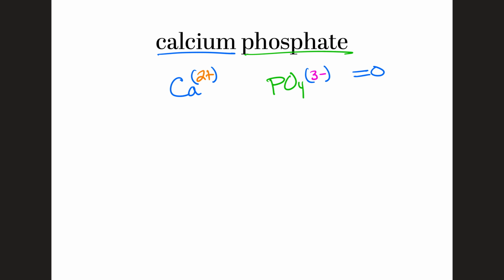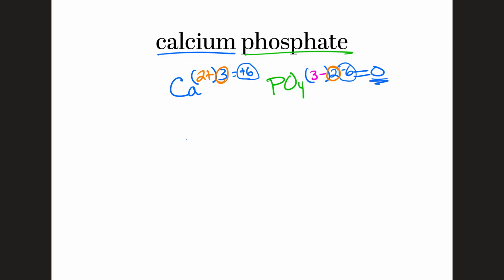So we can take our 2 plus, times 3. That is going to give us a +6. Multiply our -3 by 2, that gives us a -6. +6 plus -6 equals 0. So that means we have to have 3 calciums and 2 phosphates.